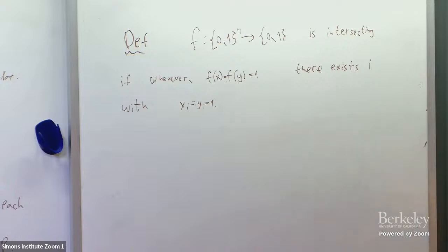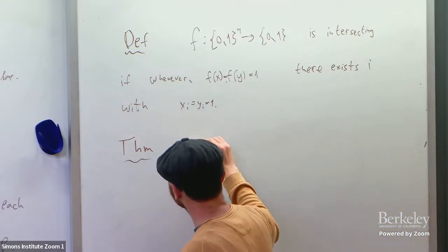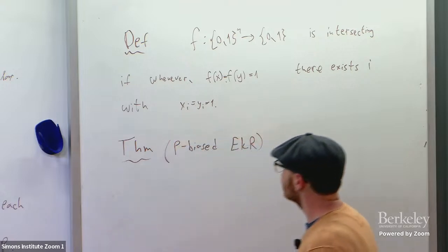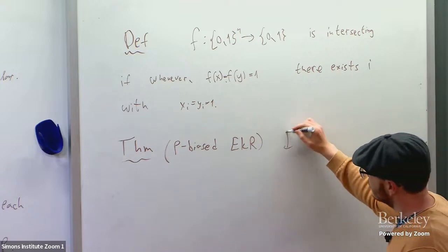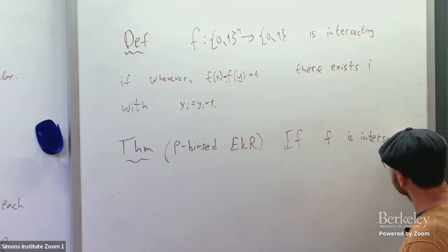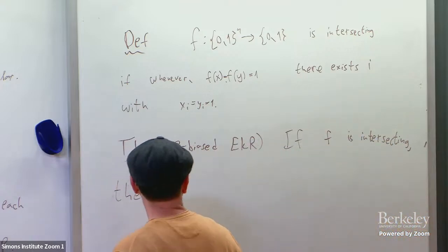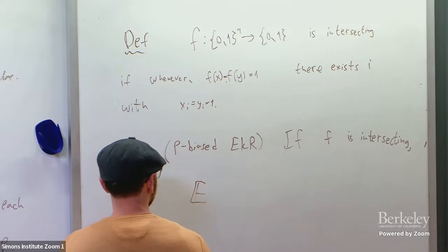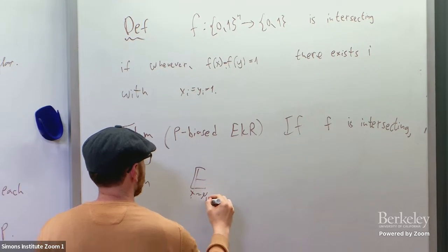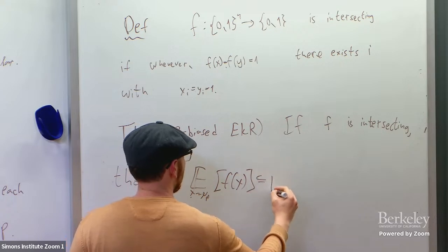And then the p-biased Erdős-Ko-Rado theorem says that if f is intersecting, then the expectation of f according to the p-biased measure must be at most p.